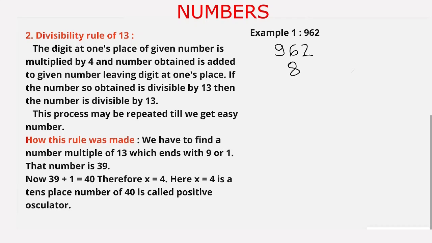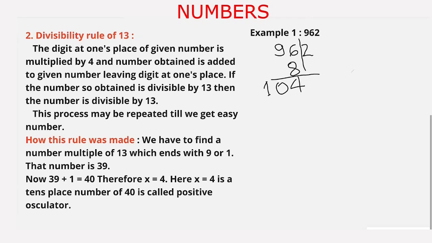And after leaving this 2, we add 8 to 96, and on adding we get 104, and the number 104 is divisible by 13, as 13 times 8 is 104. So the whole number 962 is divisible by 13.